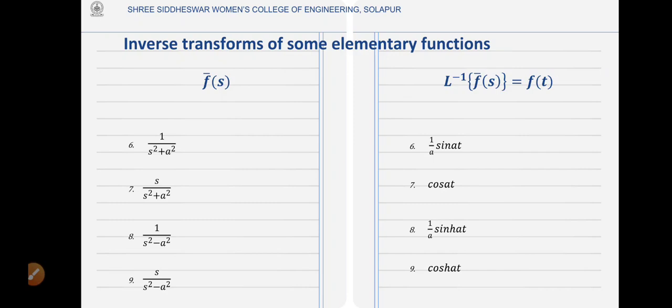Okay, so you have to remember these results. You have to learn these results by heart to solve the examples where we are going to find the inverse Laplace transform of some complicated functions of s.